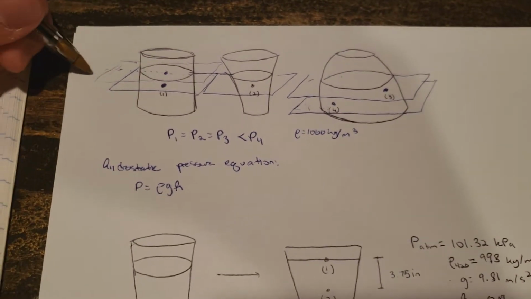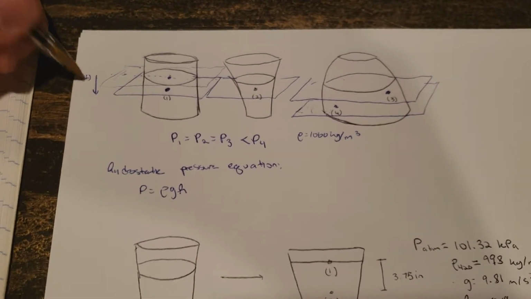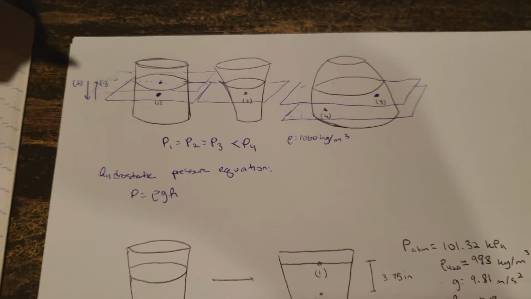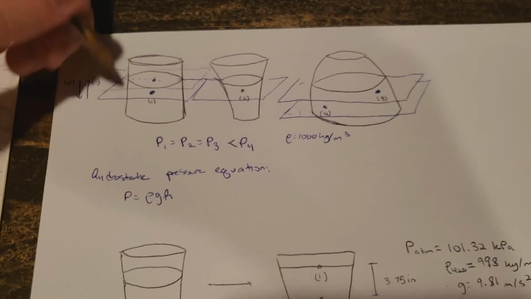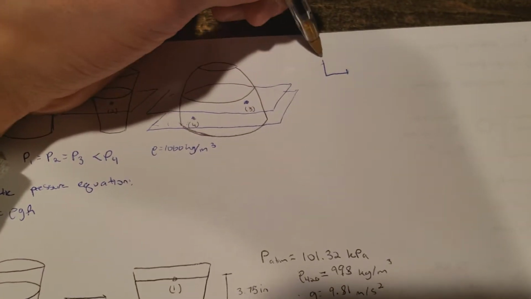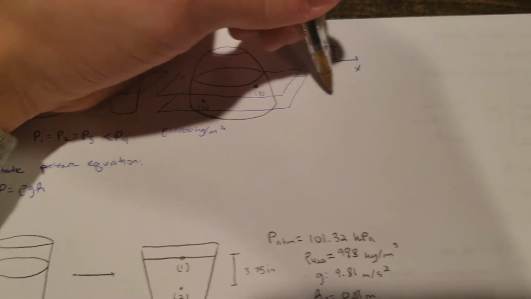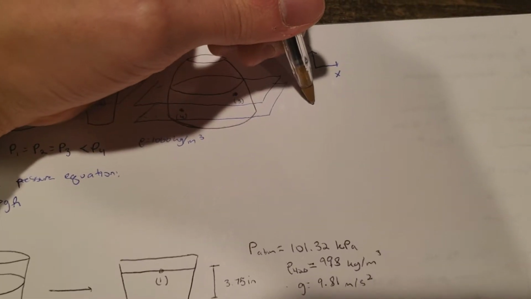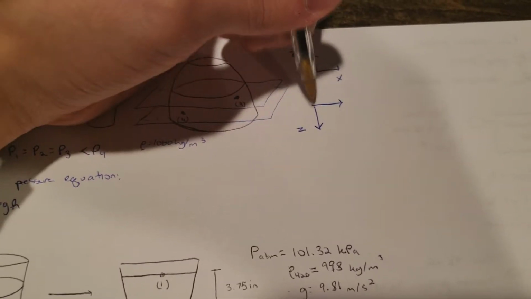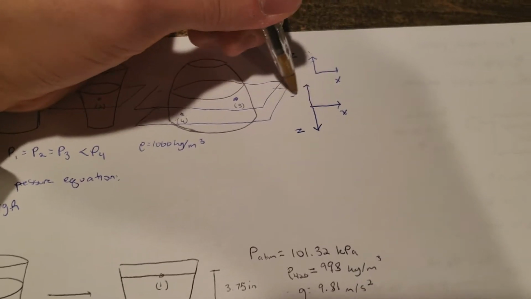When you're dealing with hydrostatics, if you go down, you're actually adding most of the time, and when you're going up, you're subtracting. We're used to writing our axes with positive x and positive z. Hydrostatic problems are different: positive z is actually going down, while the x stays the same. So if we go up, this is going to be our negative z.